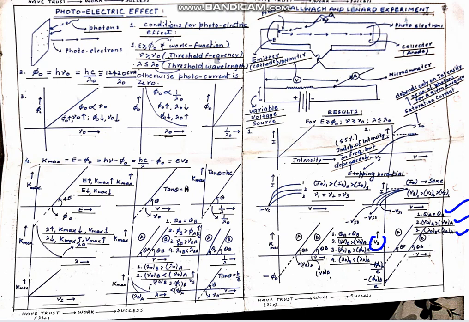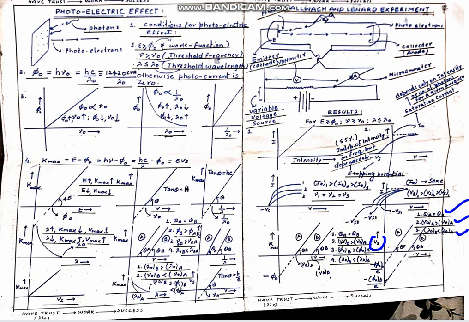There were actually some problems related to this. The first problem was the intensity problem, the second was the frequency problem, and the third was the time lag problem. As far as the first problem is concerned, according to the wave theory of light, intensity corresponds to the amplitude of electric fields, and the electric field corresponds to the maximum kinetic energy of electrons. So larger intensity means larger electric field, means larger kinetic energy.